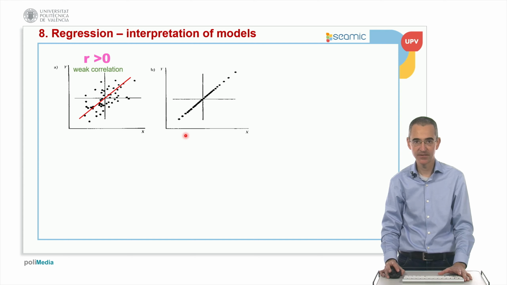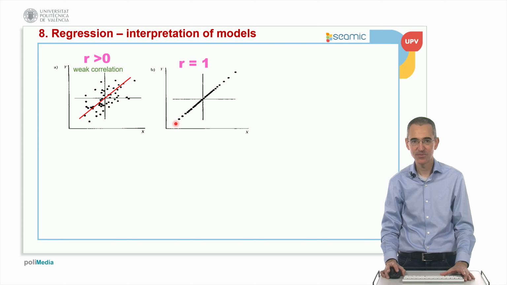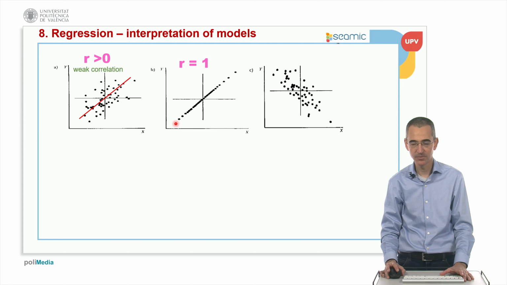Okay, this is a totally different case. The points are perfectly aligned, so this is the maximum positive correlation possible, and that corresponds to a value of the correlation coefficient equal to 1. Remember that this correlation coefficient ranges from -1 to 1. Negative values correspond to a negative slope, and positive values correspond to a positive slope.